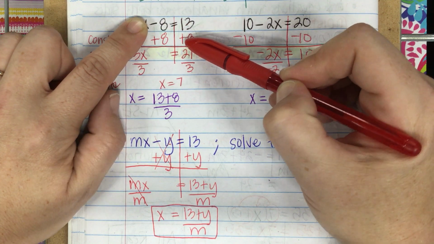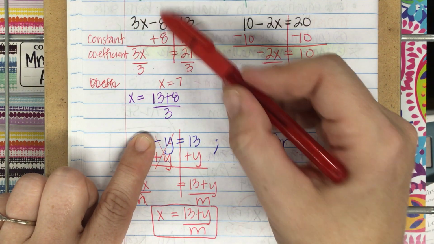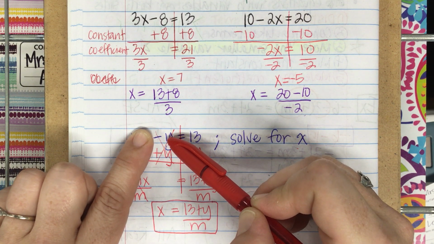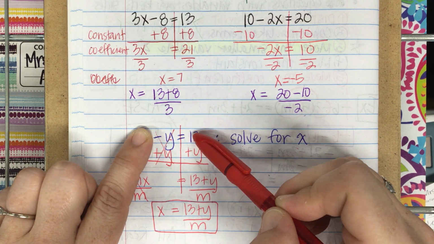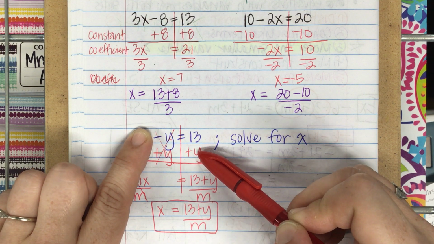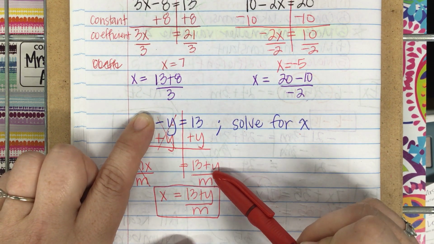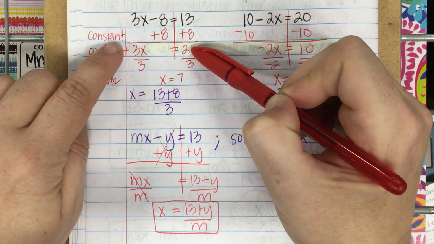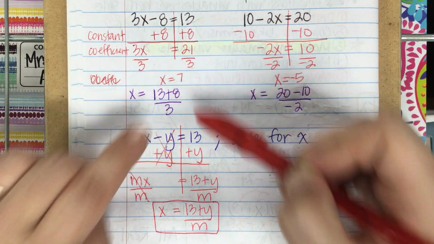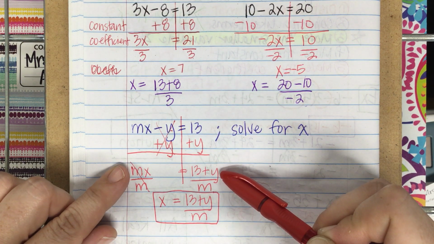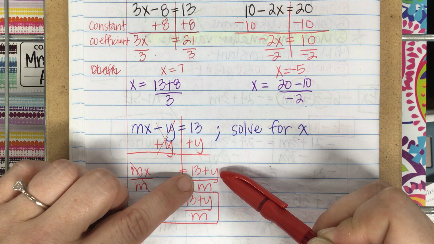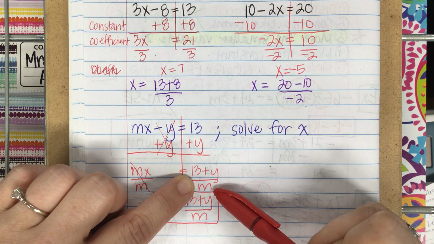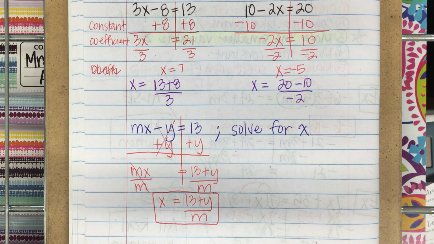Down here, instead of the number 8, I have the variable y, but I'm still going to do the same thing. 13 plus y, I don't know what that is, so I'm just going to leave it 13 plus y. Up here, I did 13 plus 8 to get 21, and then divided by 3. Here, I still have to divide, I'm just dividing by a variable, m. I can't combine them because they're all variables, so I'm done.